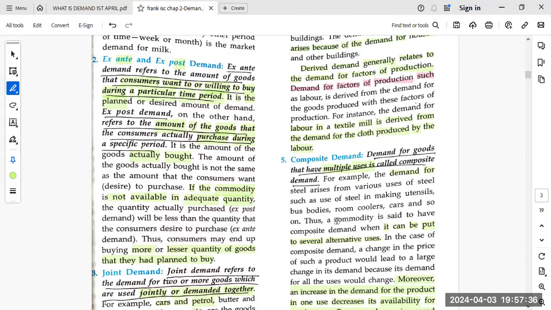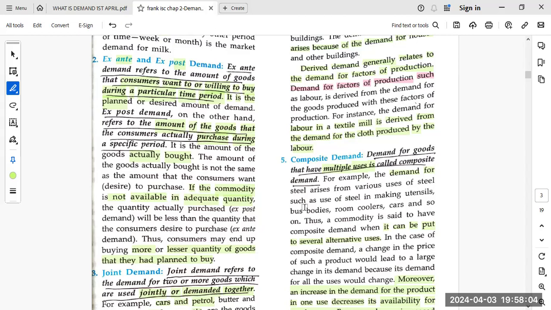It is a raw material which can get converted into whatever form they want. So the demand for steel arises from various uses, such as making utensils, bus bodies, coolers, and so on. Any product which can get converted into multiple uses is called composite demand. Is that clear?